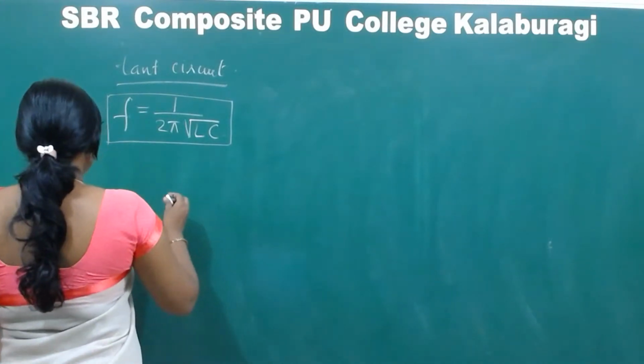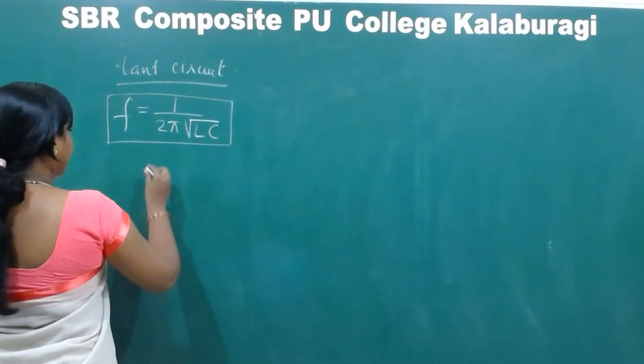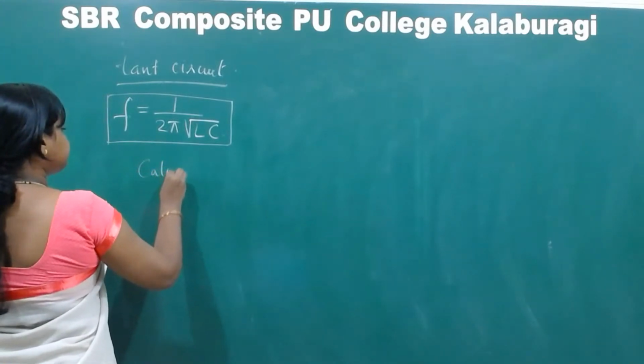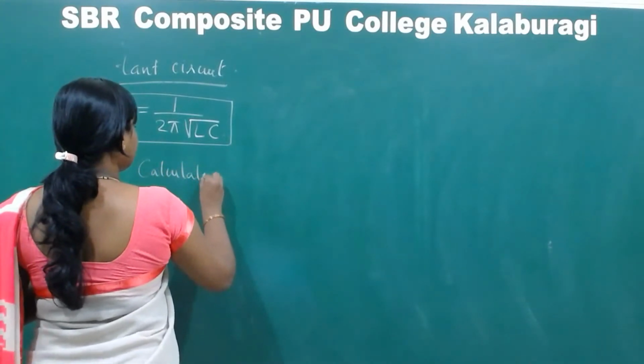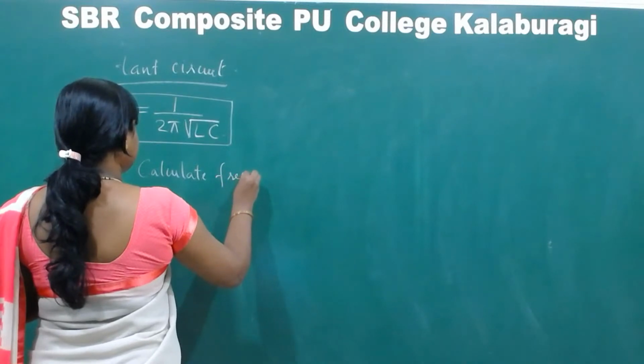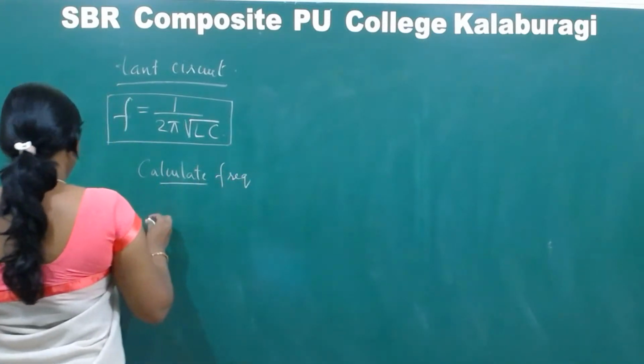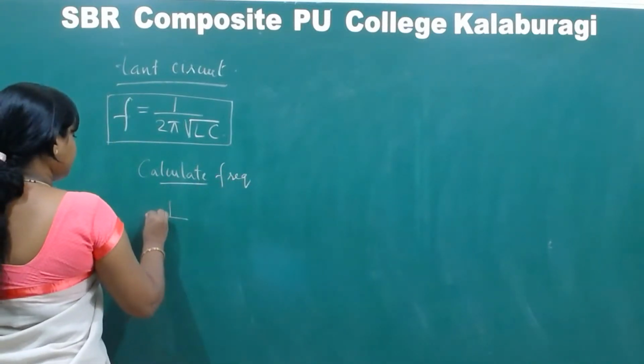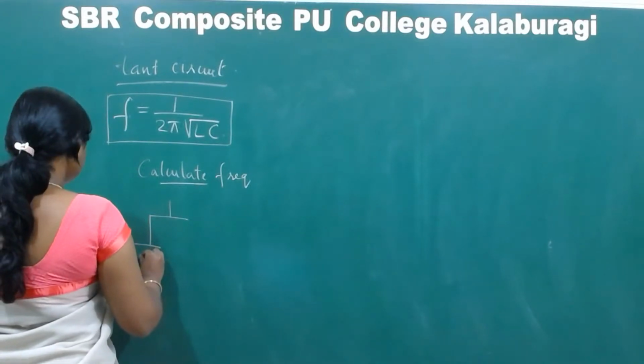So they have given an example of a tank circuit, to calculate the frequency of oscillation, otherwise just frequency. A tank circuit is given here.